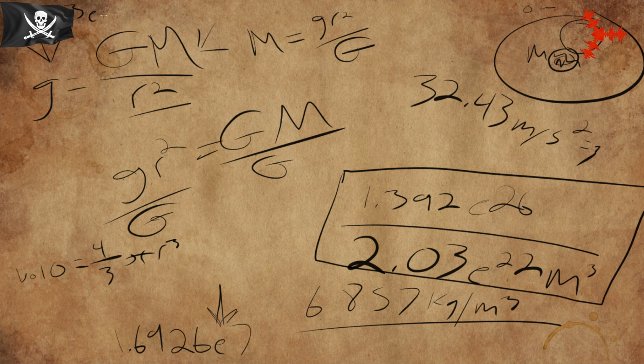2.03 E22 meters cubed. Okay. And that's all we need, because we need to figure out the weight. Oh, no, I'm gonna use the Earth's mean density. Mean density of the Earth is 5515 kilograms per meters cubed.